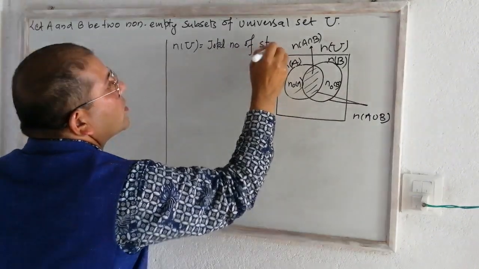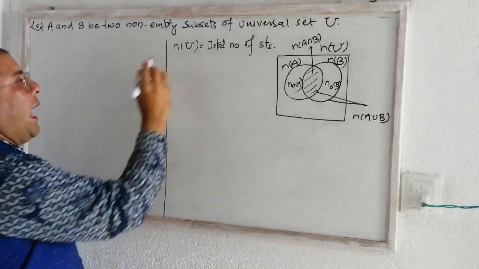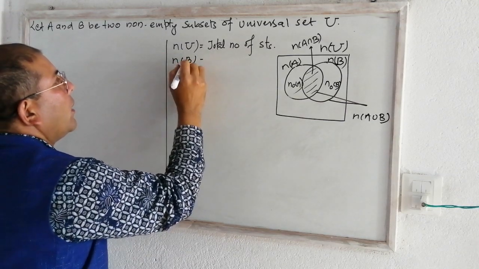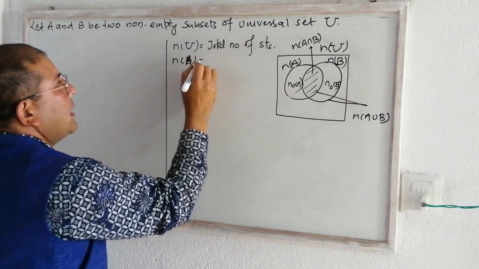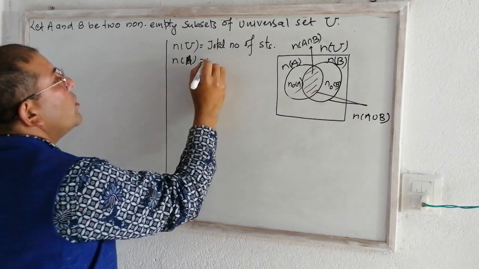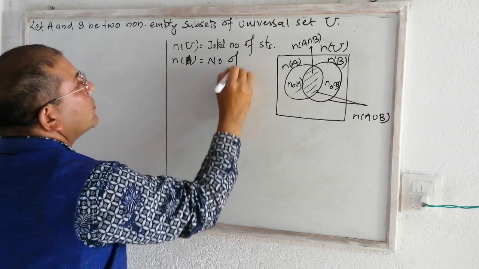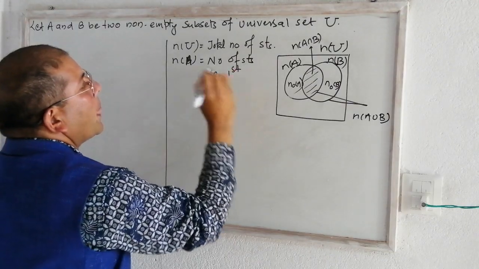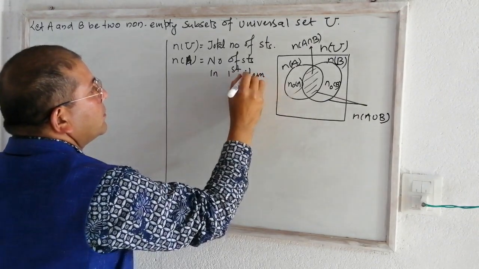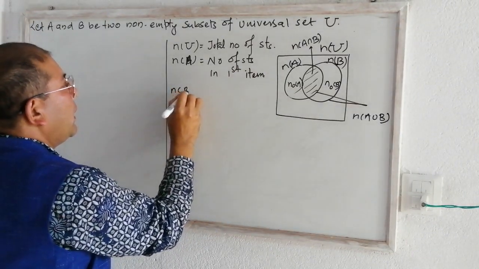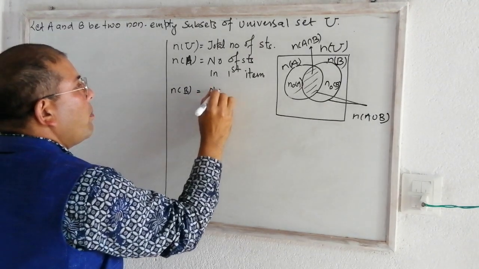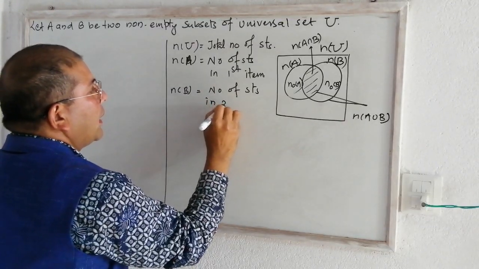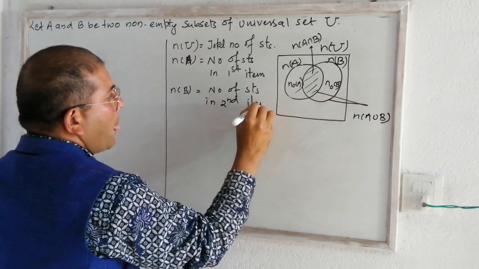I want to write this in short form. N of A is the number of students in the first item. N of B is the number of students in the second item.